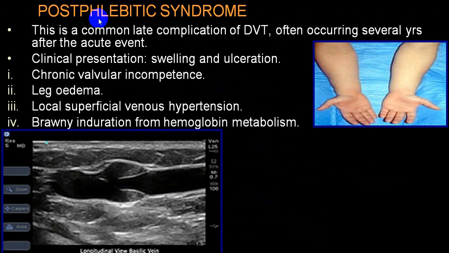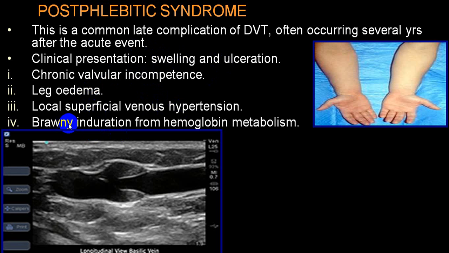There is something called post-phlebitic syndrome. This is a late complication of DVT which occurs after several years of the acute event, where you will have swelling, ulceration, chronic valvular incompetence, edema, and elevated pressure in the superficial venous system.